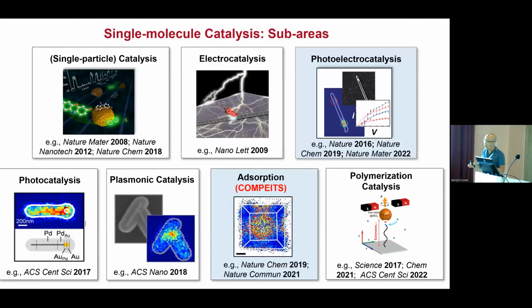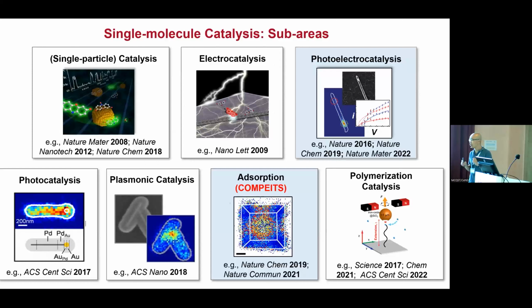Now, we have applied this approach to many different sub-areas in heterogeneous catalysis. We started looking at individual particles of thermally driven catalysis. We moved on to electrocatalysis, photoelectrochemical, photocatalysis, plasmonic catalysis. And now, today, I will tell you about a technique that will enable us to look at reactions that are not fluorogenic, okay?